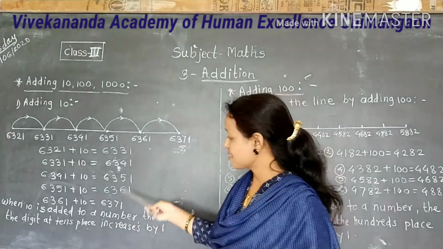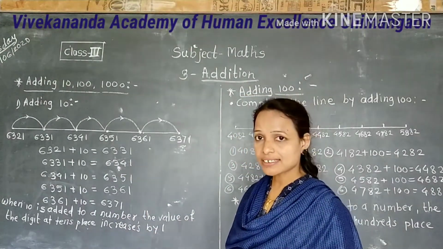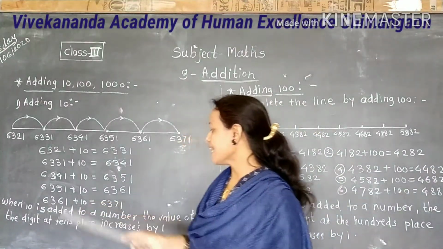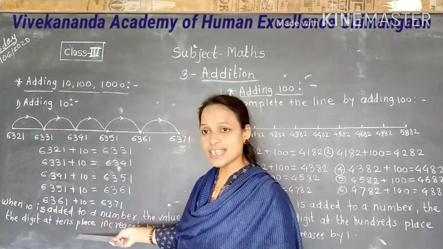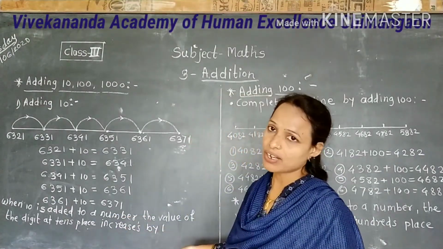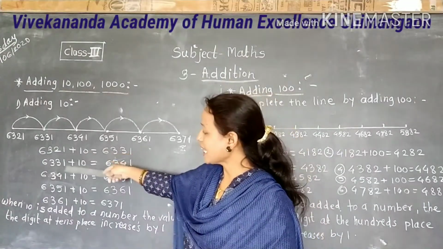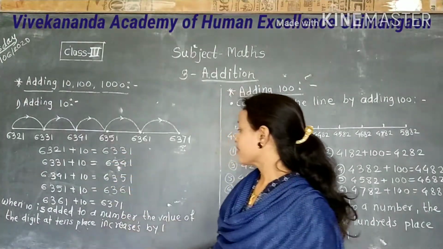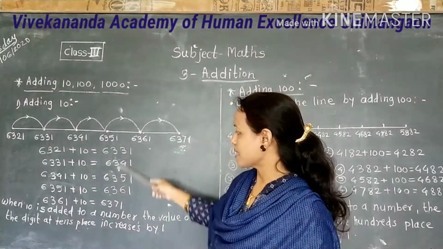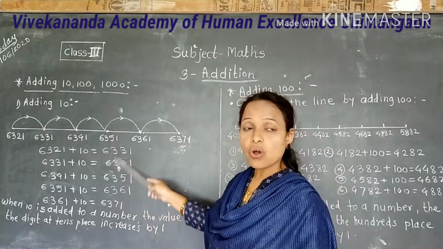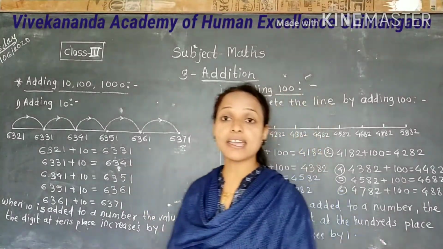From this observation we came to know that when 10 is added to a number, the value of the digit at the tens place increases by 1.